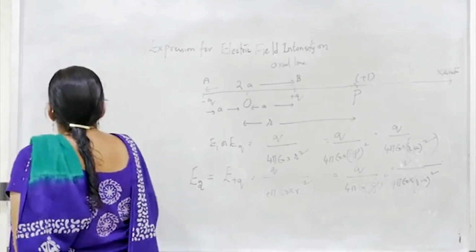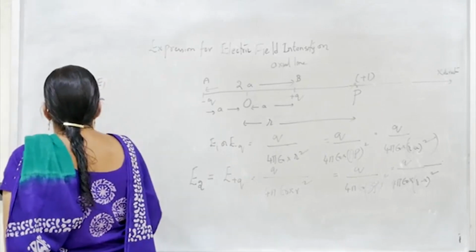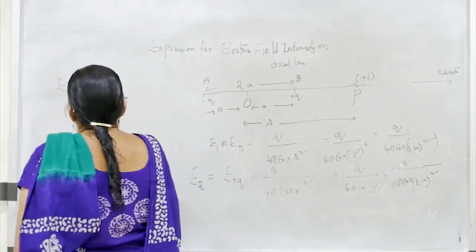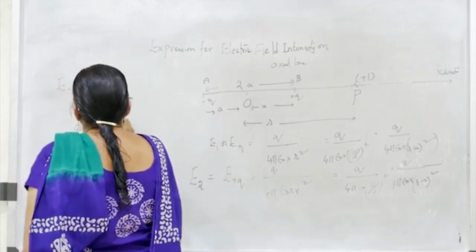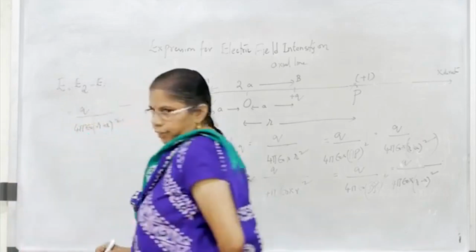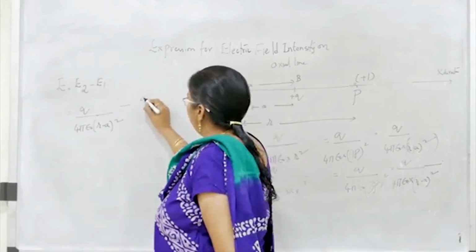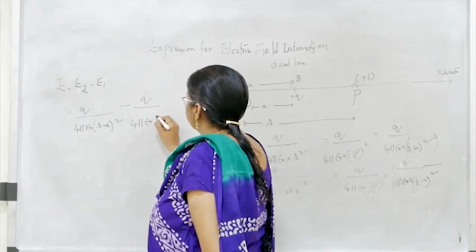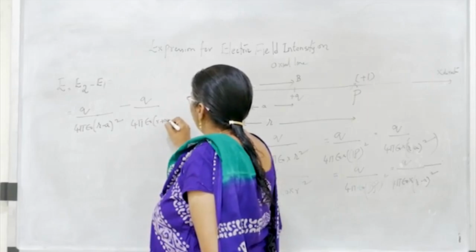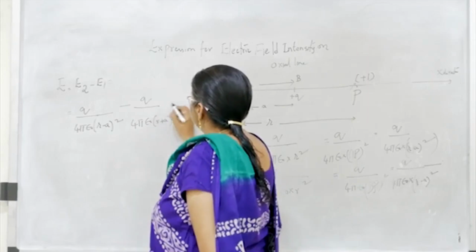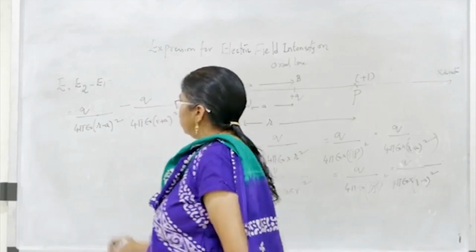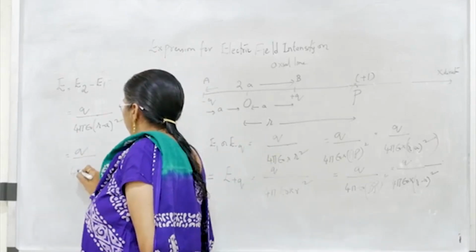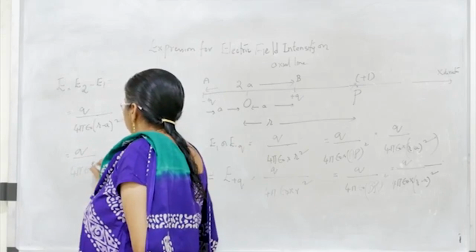So this can be written as Q by 4 pi epsilon naught into R minus A whole square, minus Q by 4 pi epsilon naught into R plus A whole square. Now you take out Q by 4 pi epsilon naught as common.